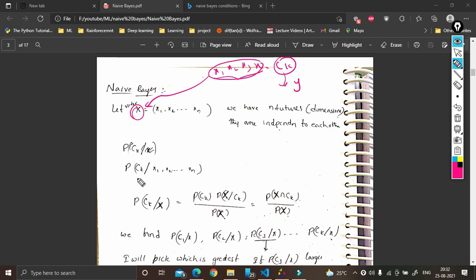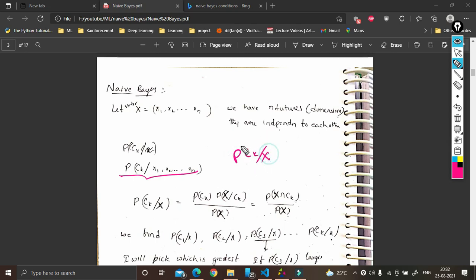Here this is represented as probability of ck given x. That means given a test case, given some values, what is the probability that it belongs to that class ck?